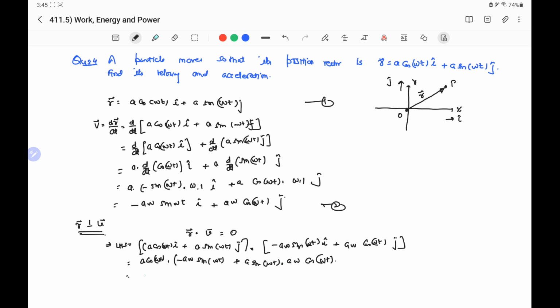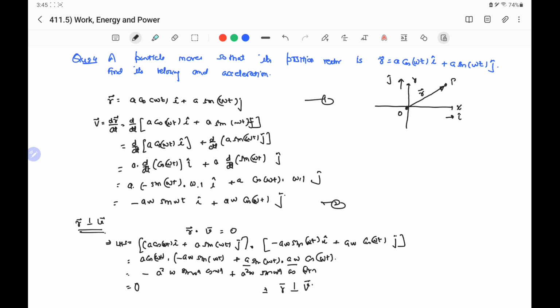So it will be minus a square omega sin omega t cos omega t plus a square omega sin omega t cos omega t. These two terms are equal in magnitude and opposite in sign, so they will cancel out and the result is 0. Because r dot v is 0, this implies that the position vector r is perpendicular to the velocity.